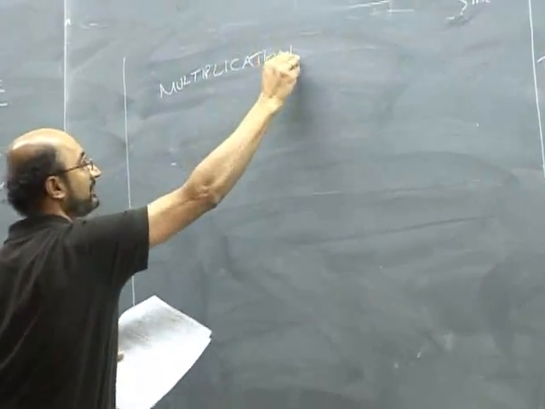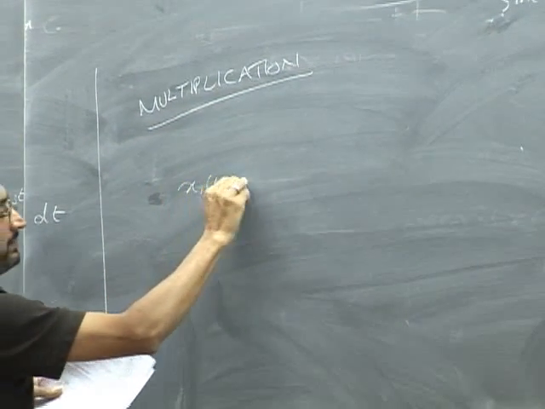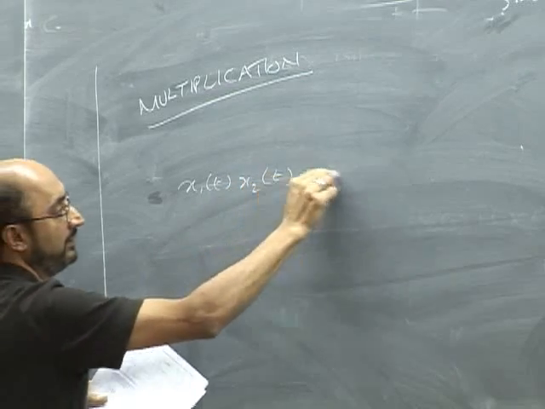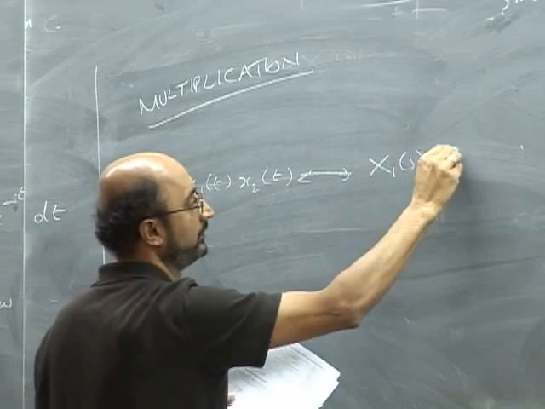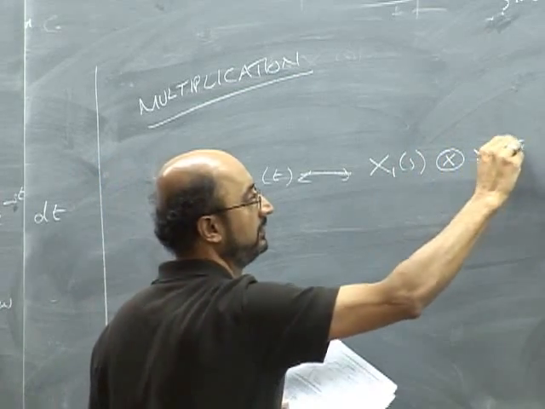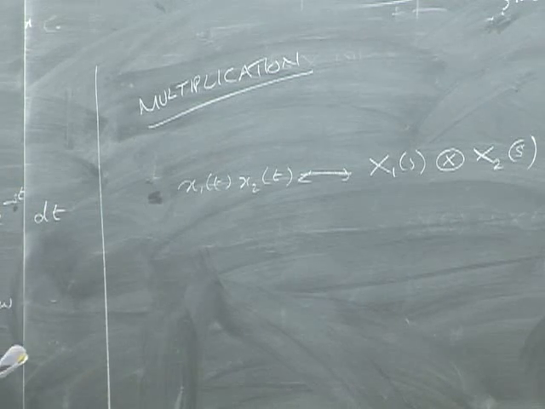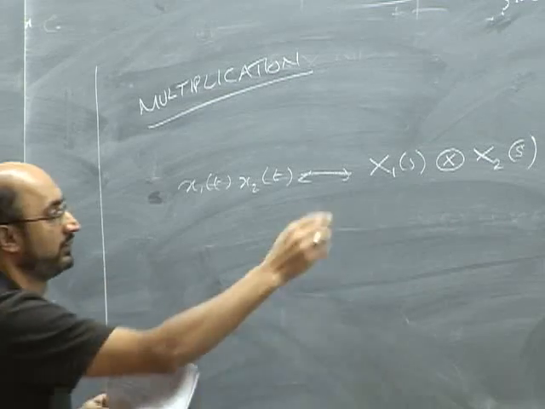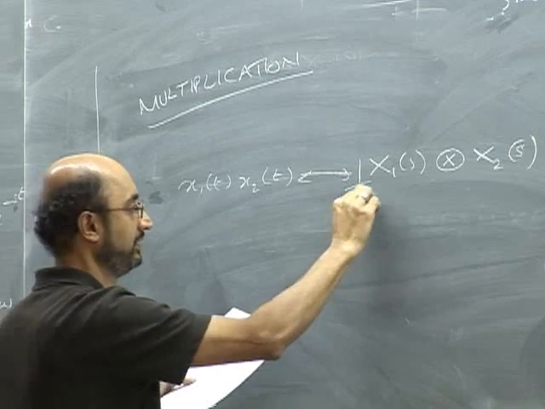So if I take two functions, x1(t) multiplied by x2(t), this becomes X1(s) convolved with X2(s). So what's easy in the time domain is hard in the frequency domain, and what's hard in the time domain becomes easy in the frequency domain. So this is actually 1 over 2 pi j.